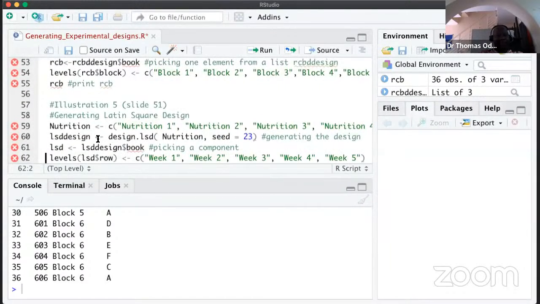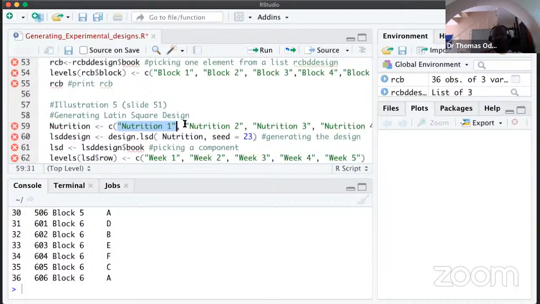The next thing is to generate for Latin square design. So here we need to first create a set of treatments that we are going to replicate and randomize.